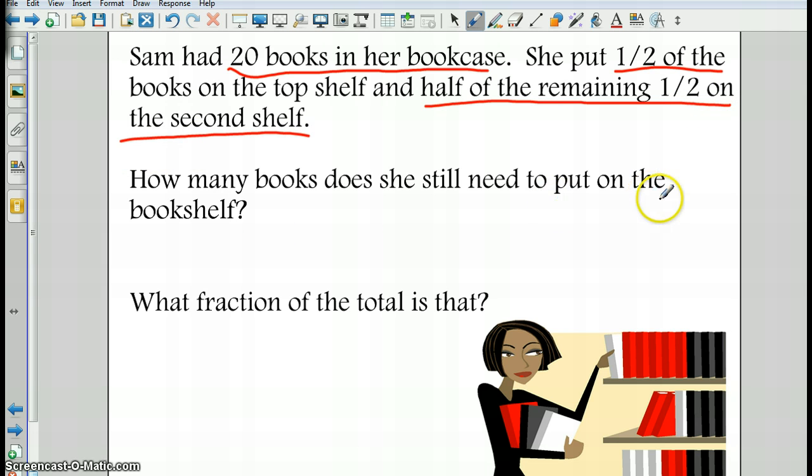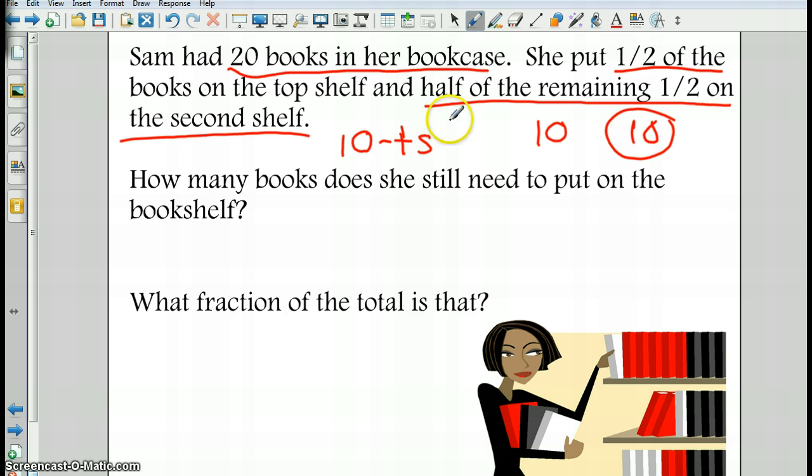How many books does she still need to put on the bookshelf? First of all, she put 1/2 of the books on the top shelf. So 1/2 of 20, or dividing 20 into 2 groups, which is 10 and 10, and I get 1 of those groups. So she put 10 books on the top shelf.